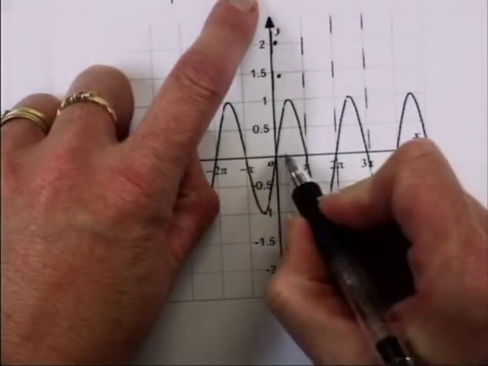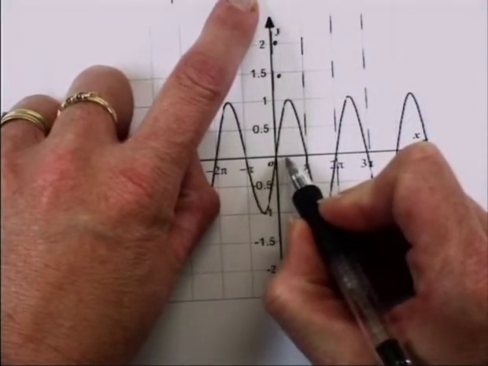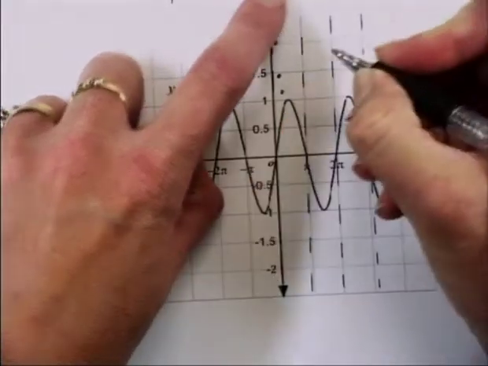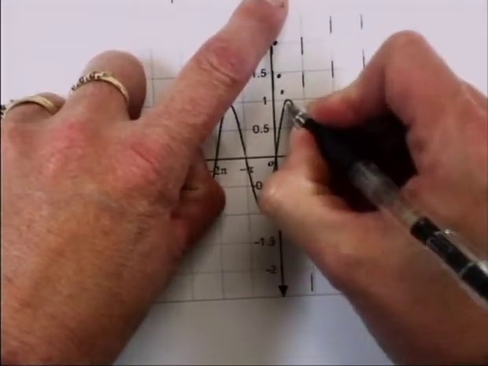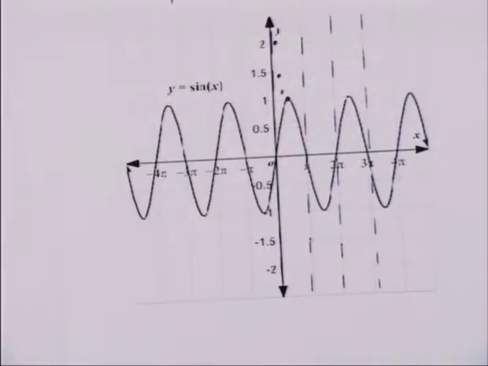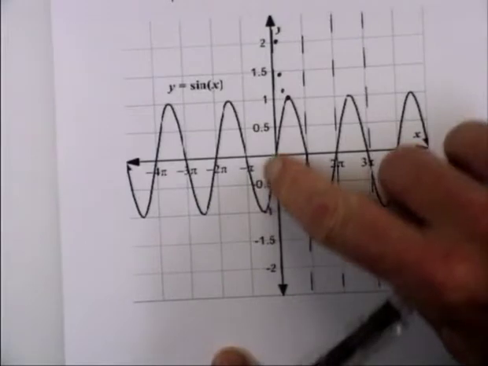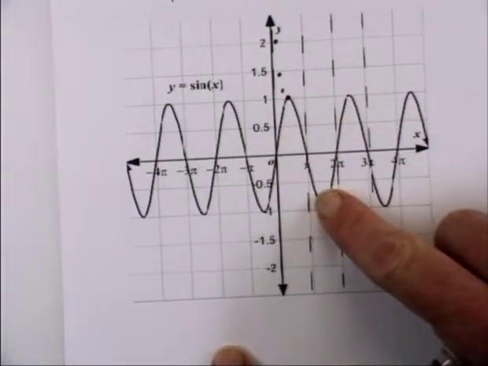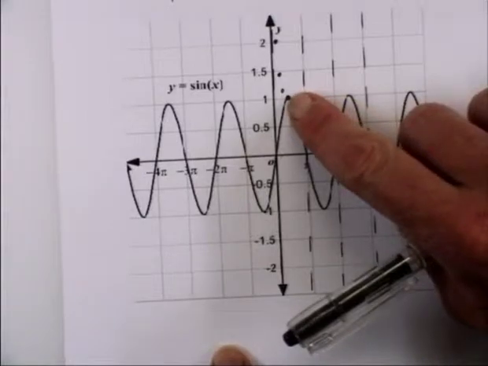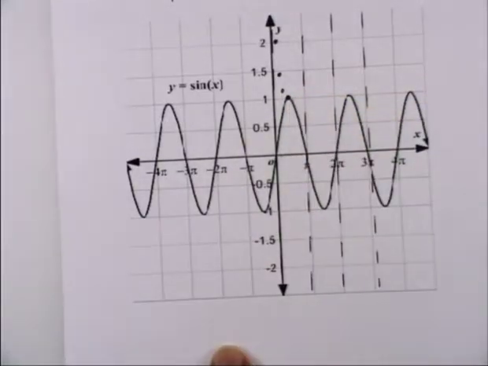At pi over 3, which is still not quite halfway, I'm going to be at 1.2. Now notice what happens here at pi over 2, halfway. I'm exactly at 1. Now look at your sine function for a second. That's where your maximum occurred on the sine function. On the cosecant function, I think something else is going to happen, but notice those points are in common.